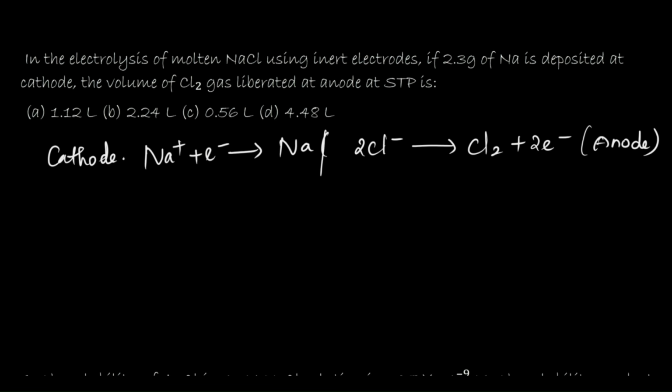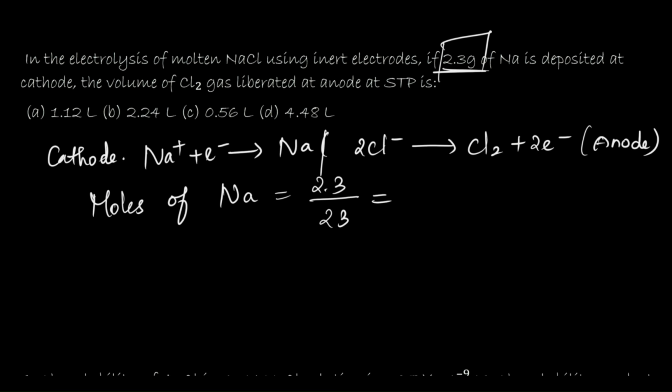The moles of sodium deposited at the cathode we have to calculate. That is 2.3 divided by 23, which is 0.1 mole. How many electrons are involved? 1 electron for 1 sodium, so 0.1 mole of electrons.